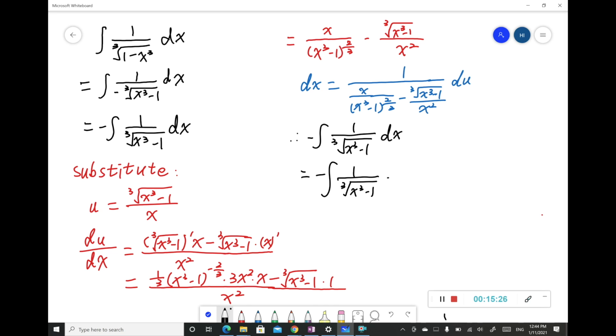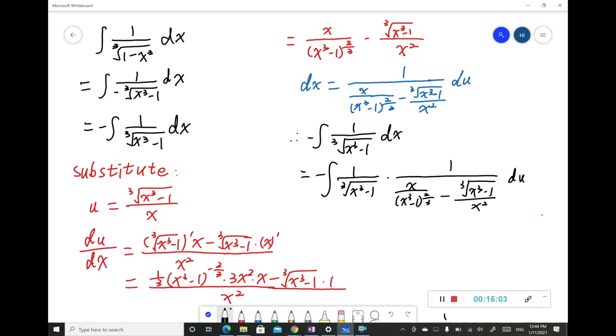So we will bring the dx into this function: x divided by x cubic minus 1 to the power 2 divided by 3, minus the radix of x cubic minus 1 divided by x squared, 1 du.